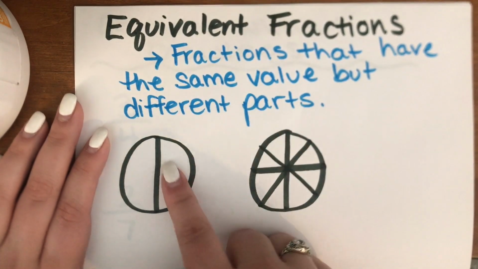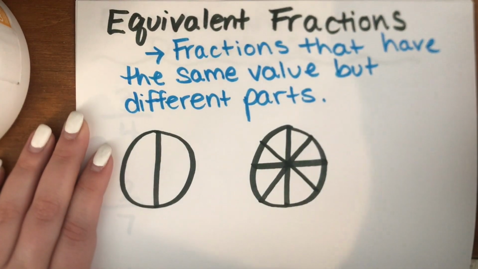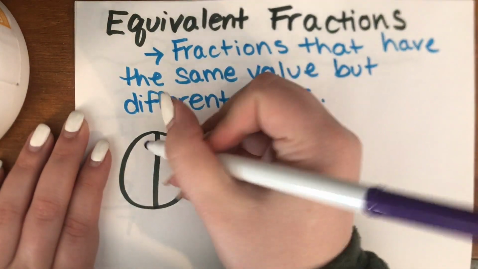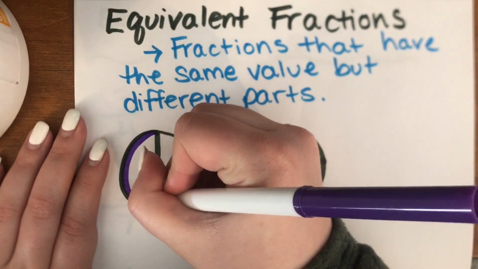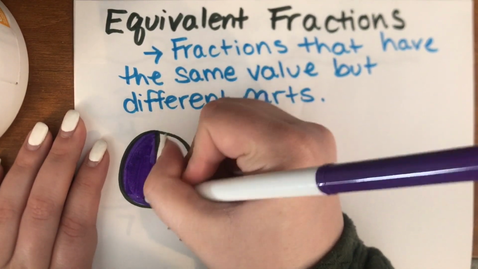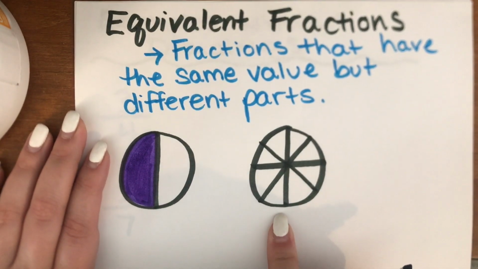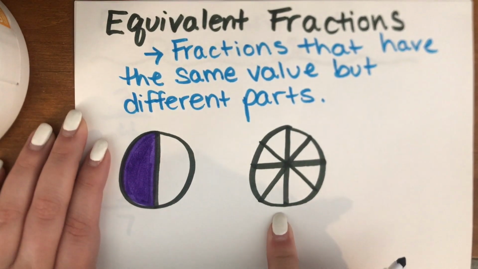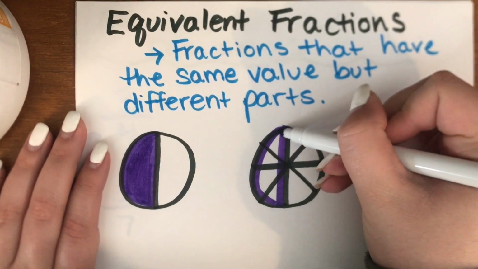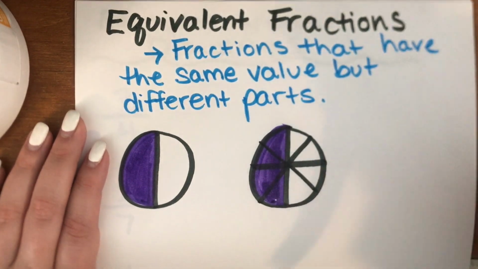So if I use a picture example and I have a picture drawn that's split into two parts and I wanted to shade one half of those parts, that would look like this. And if I wanted to shade the same value in this shape, so I'm still shading half of the shape, there's a different amount of parts that were shaded.